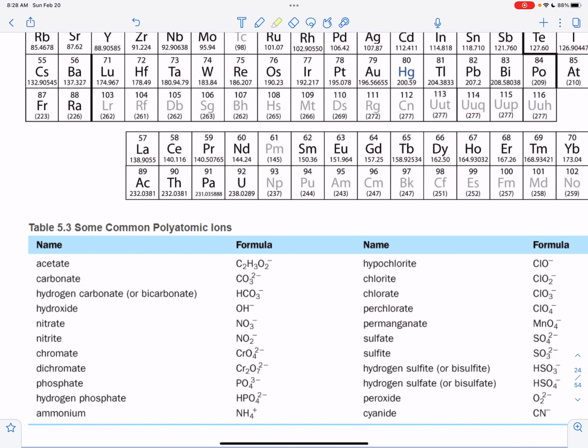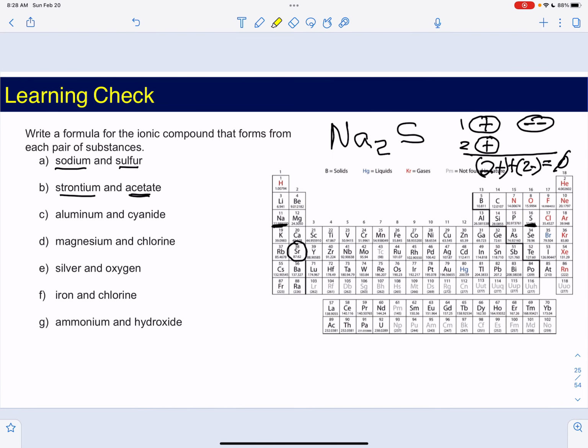So let's see if we can find acetate. First one, C2H3O2 minus. So now that we know that, we're going to have strontium and acetate, C2H3O2 minus. And strontium is here, so that means it's going to be 2 plus.